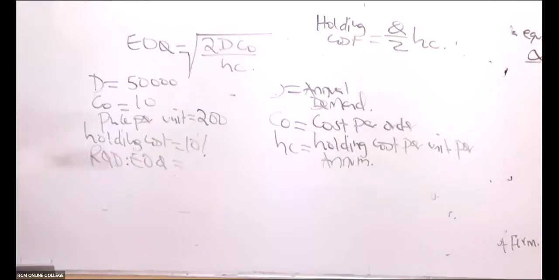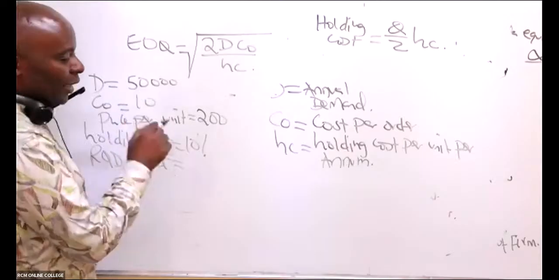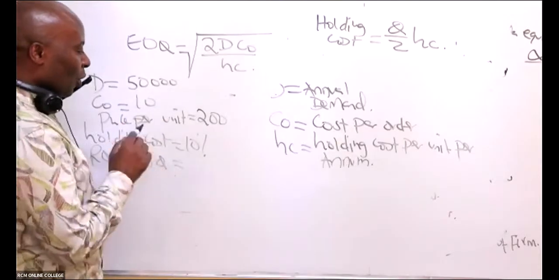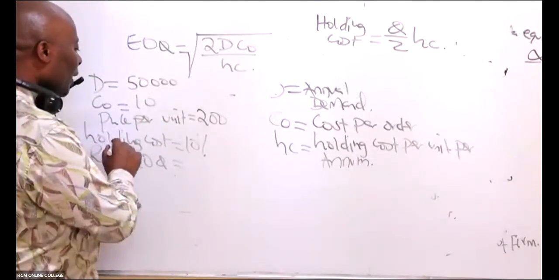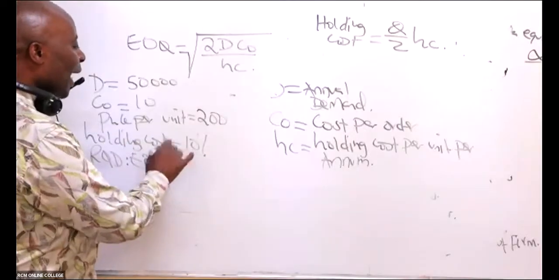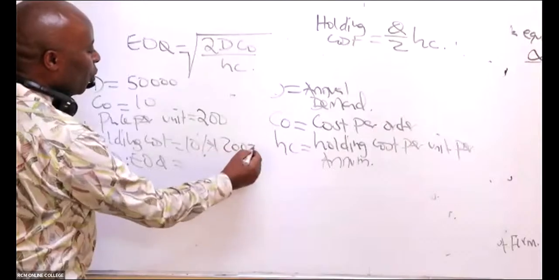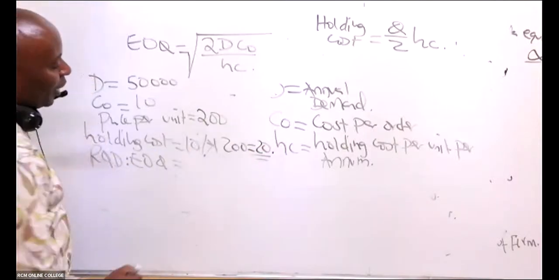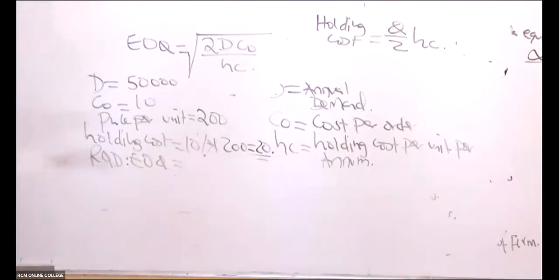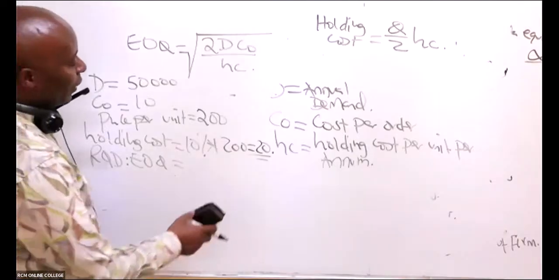So please remember that this holding cost, even if the examiner doesn't tell you, shall be holding cost in shillings. So it shall be 10% of the price, which is 200, which gives us how much here? 20 bob.